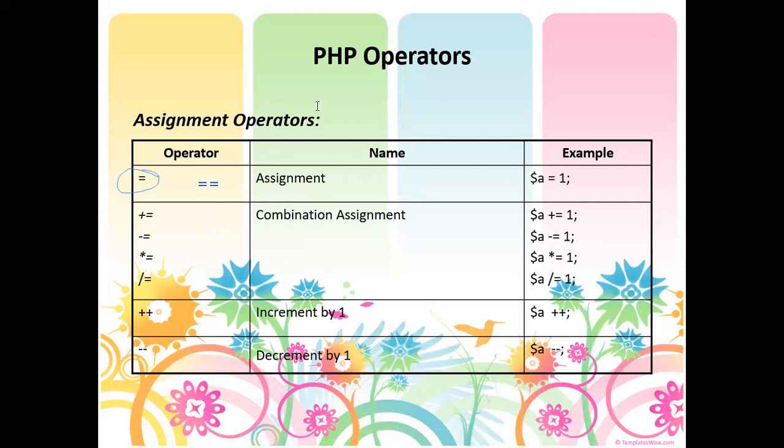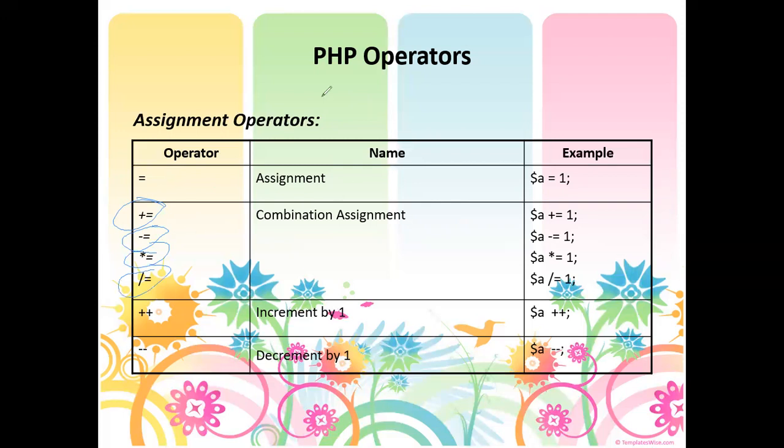And that is how it should be used. Next is the plus and equal sign, which is about the combination assignment operator. So it can also be a minus sign and equal, as well as the asterisk or the forward slash and the equal sign.